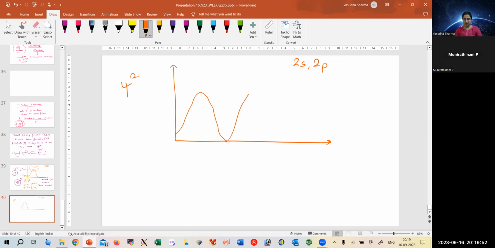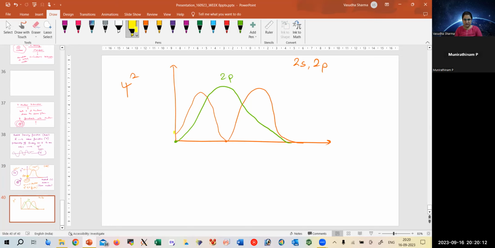We know that as the orbitals progress, there would be a number of nodes also. So 2s would have one node, and 2p would be like this way. So this is your 2p, and this is your 2s.